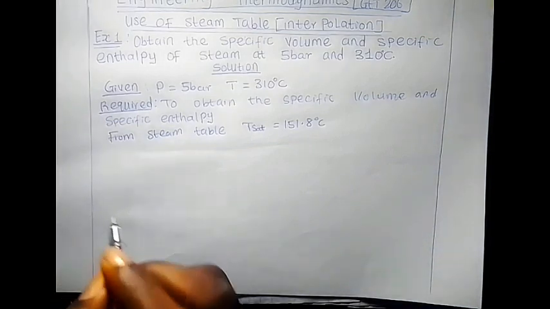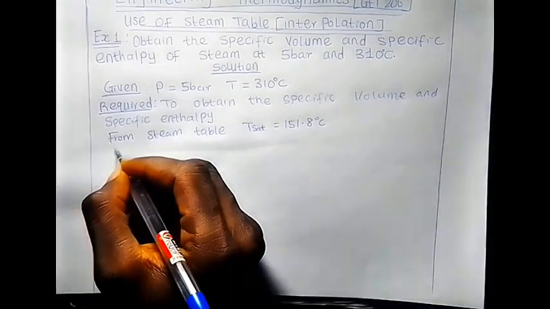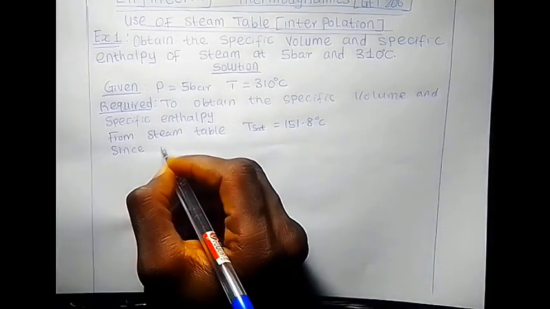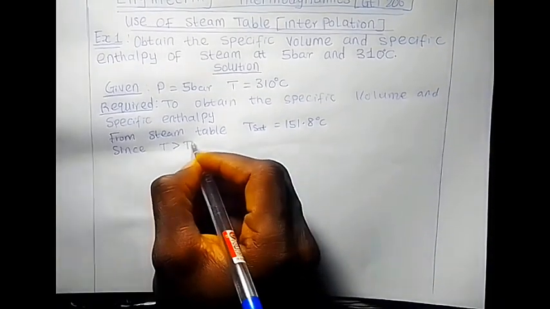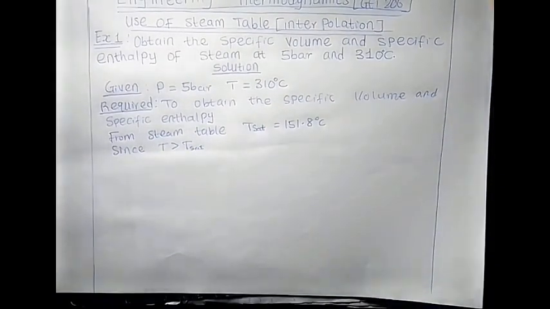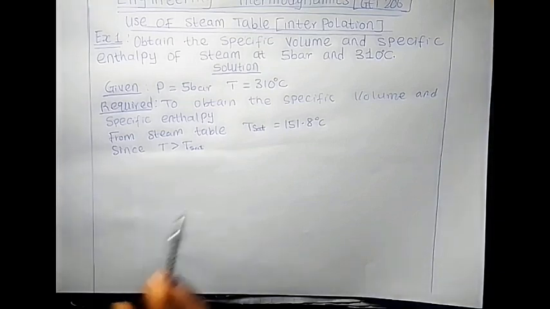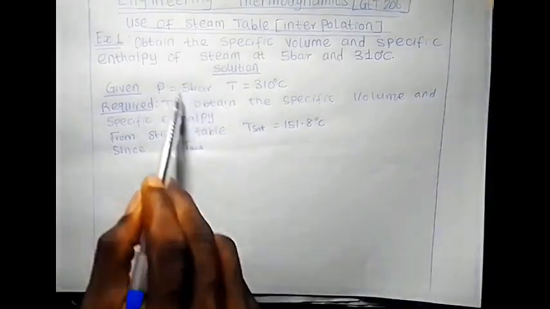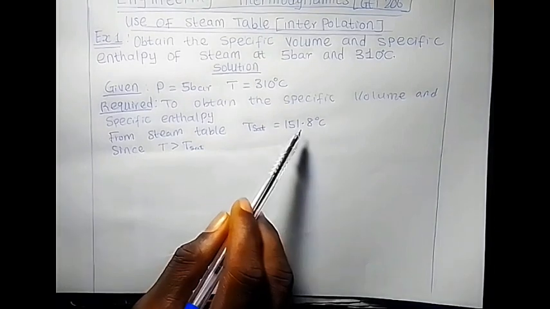Now, since this temperature T is greater than T subscript SAT, that's the temperature for saturated steam, it means that according to experiments, scientists have determined that every steam that is saturated at 5 bar should have this temperature.